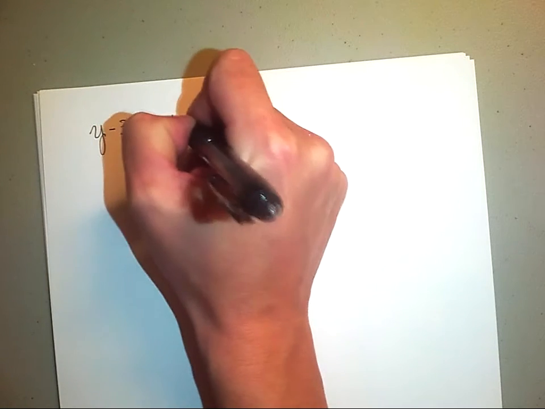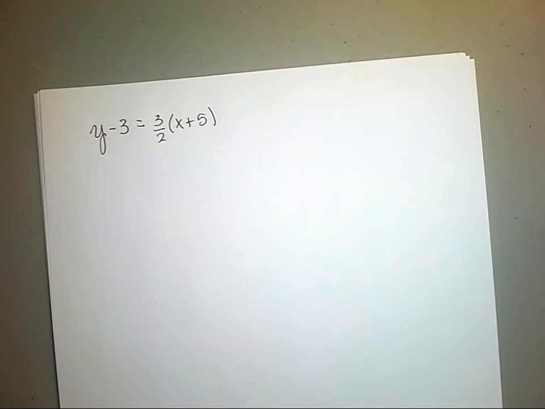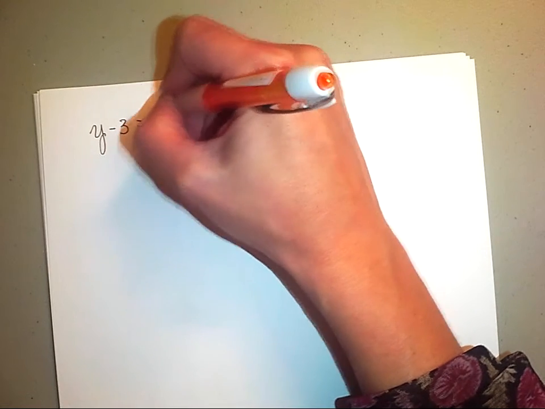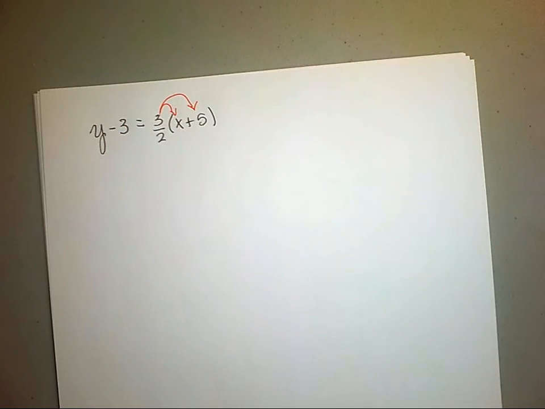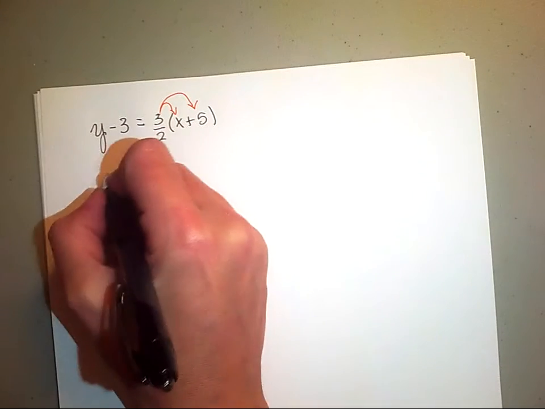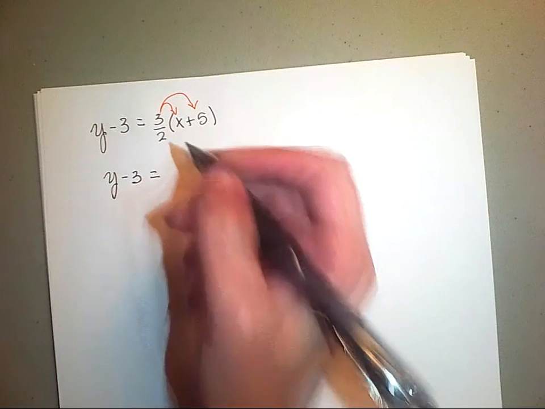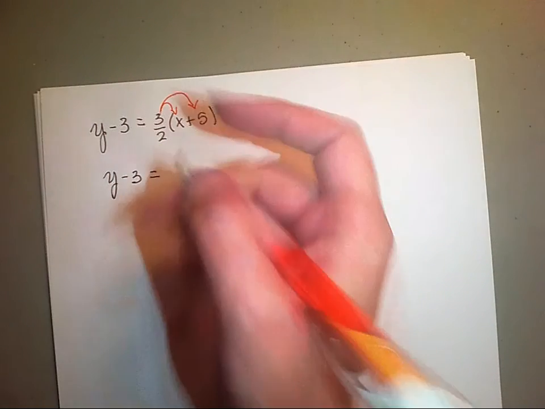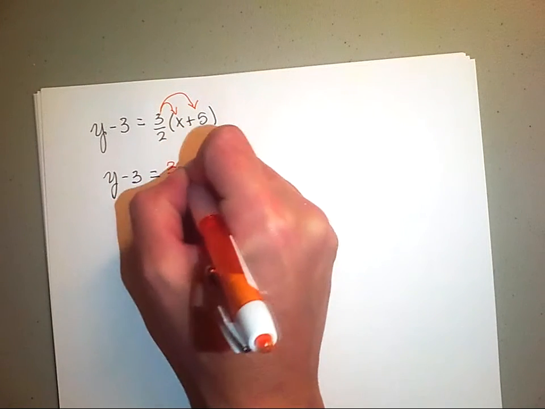Alright, so it's y minus 3 is equal to 3/2 of x plus 5. Right. So the left-hand side is already simplified, so we'll simplify this right-hand side. So we'll get y minus 3 is equal to, well, 3/2 times x is just 3/2 x.